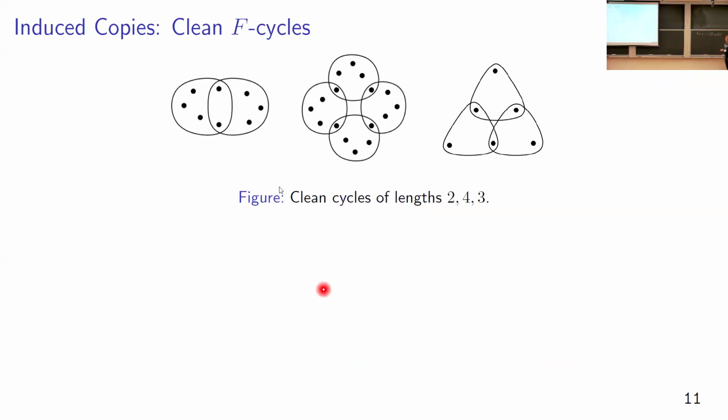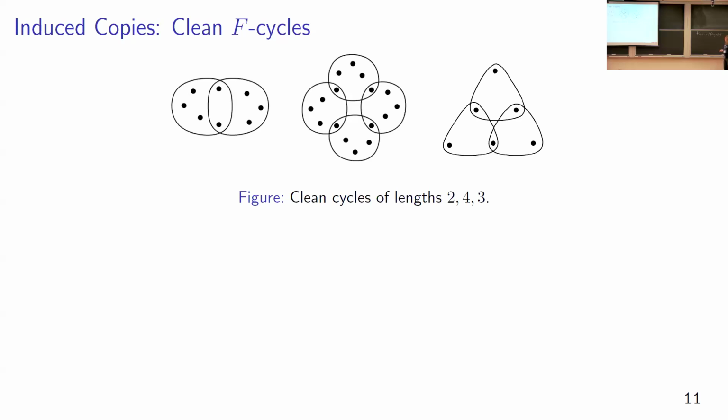The other case is these clean cycles. So there's a cycle of F edges such that the previous and the next hyperedge overlap in exactly one vertex. There's a special case over here where you can have a cycle using only two edges, in which case it will look like this. And this case will indeed cause problems later.